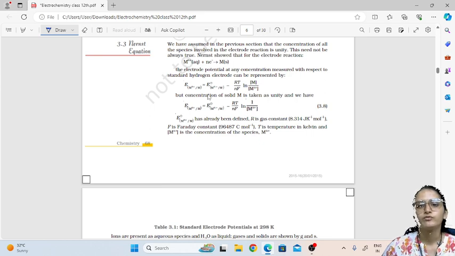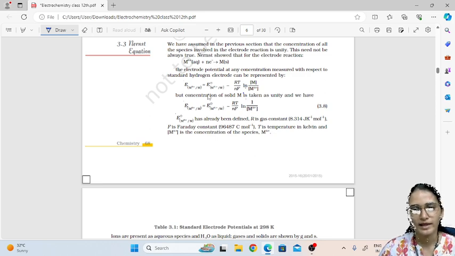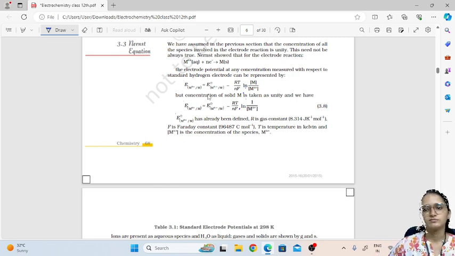So when it undergoes this reduction, we can write the value using the formula as E naught of that metal minus RT by nF natural log of 1 over M n plus. Okay, so this is how we can write, but the concentration of solid M is taken as unity. Since the metal is in solid state, its concentration does not change, so we take it as unity, that is 1. And then the other constant, that is RT.